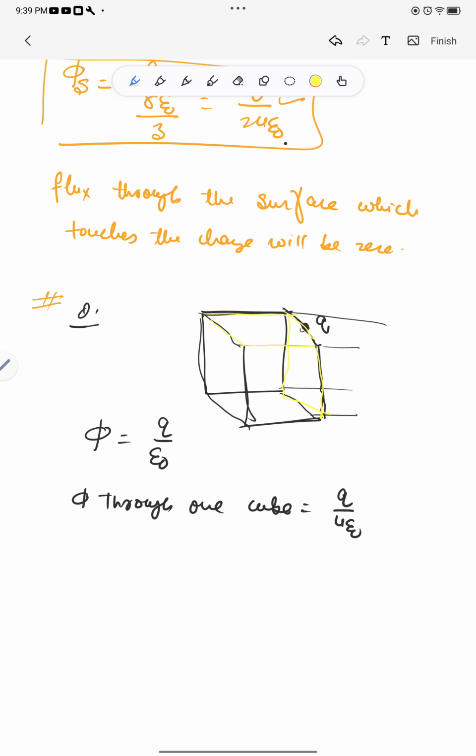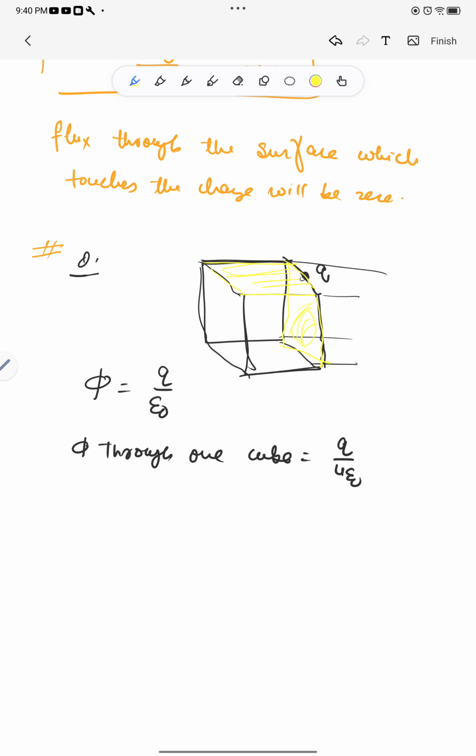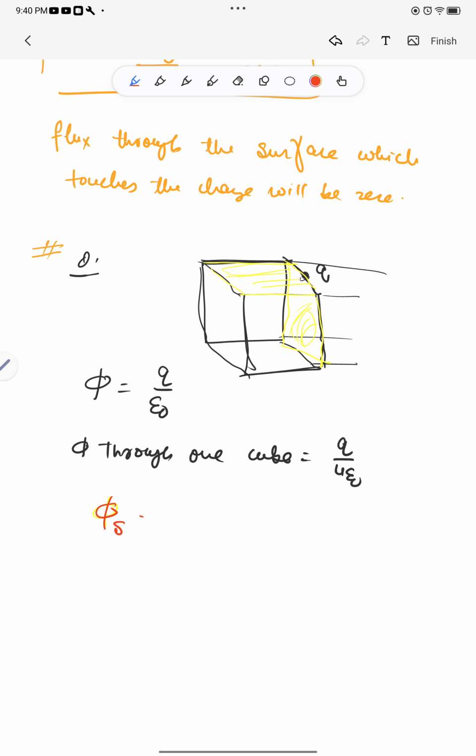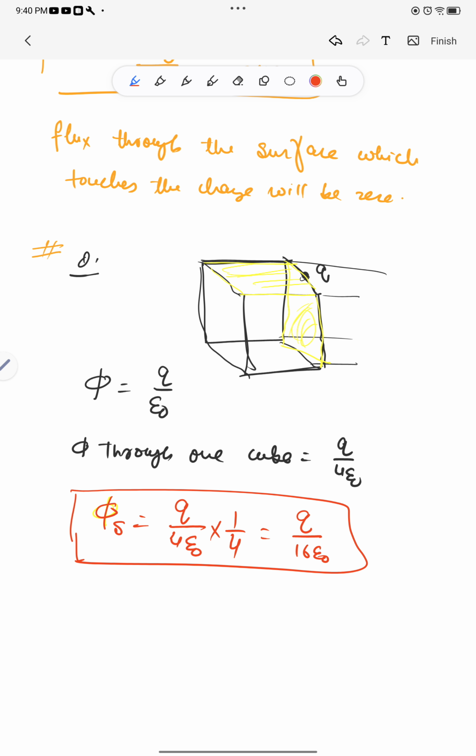These two surfaces touch this charge, so there will be no flux through these two surfaces, and flux will be through only the remaining surfaces, and the remaining surfaces are only 4. So the flux through each remaining surface, phi s, will be q by 4 epsilon naught into 1 by 4, and this will be q by 16 epsilon naught.